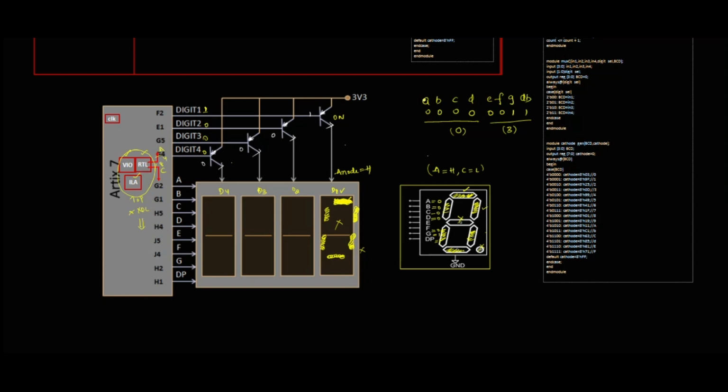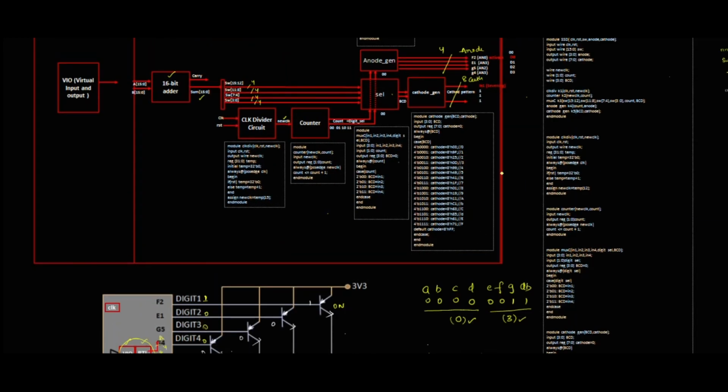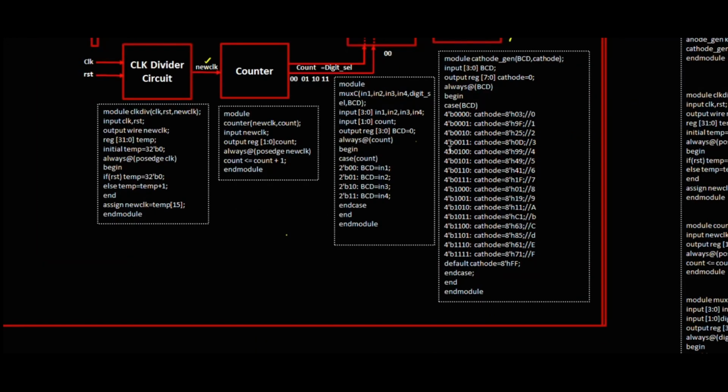Now if I see the equivalent value, when we have the 4 bits 0000, the hexadecimal equivalent is 0, and for 0011 the hexadecimal equivalent is 3, so 03 is the equivalent cathode display value, right? The program is written like that.